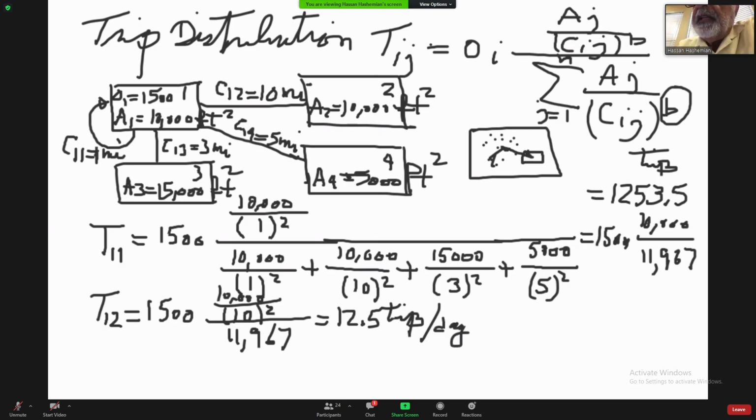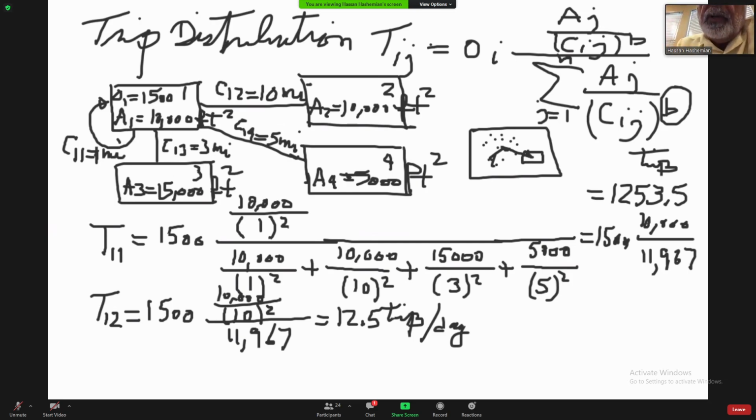And that's understandable because the size of the shopping center in zone 2 is exactly the same as the size of the shopping center in zone 1. So why would somebody want to go 10 miles away to the same size shopping center, when you can go within 1 mile of your residence? But still some people go. So around 13 people will go, but the number is low.